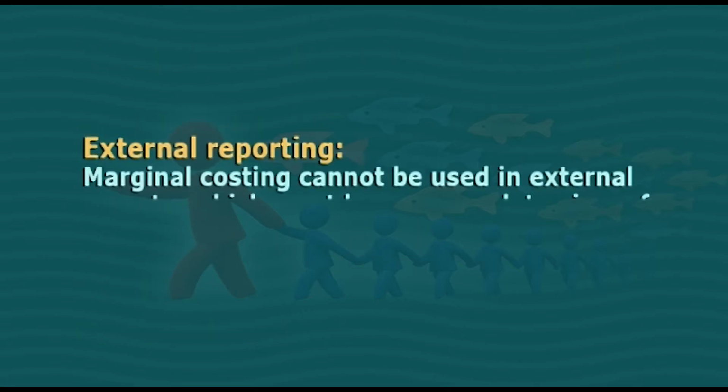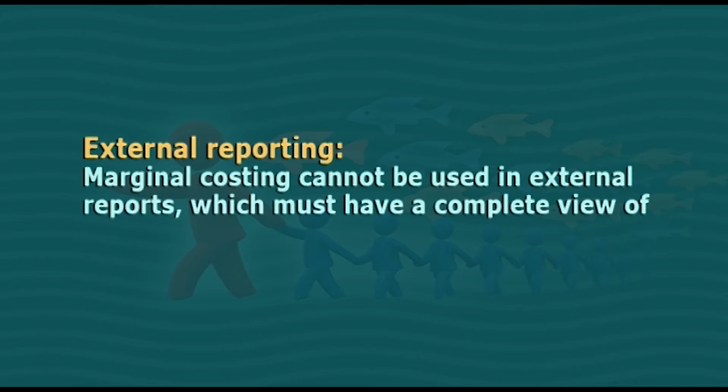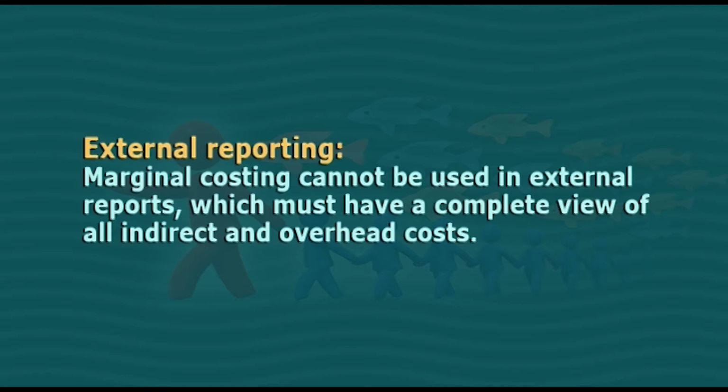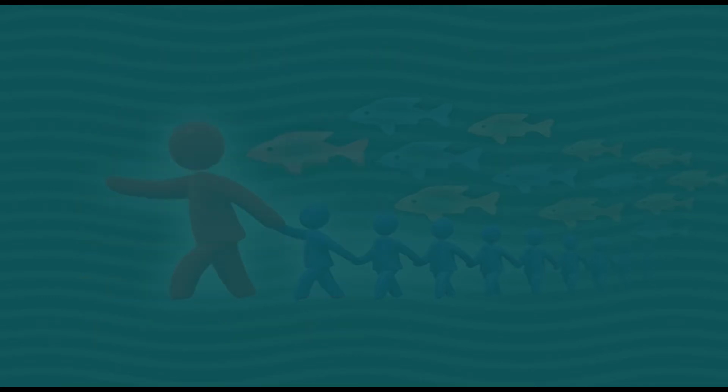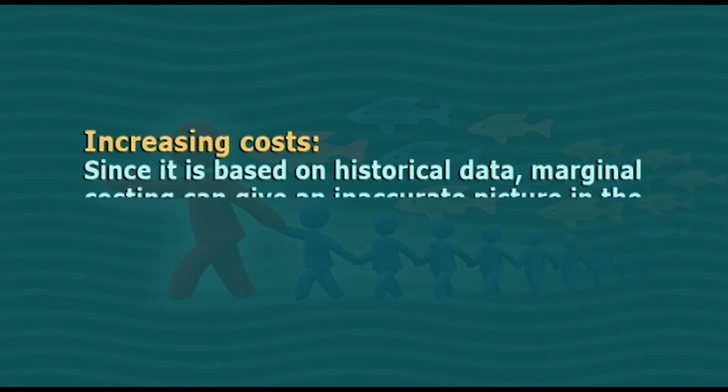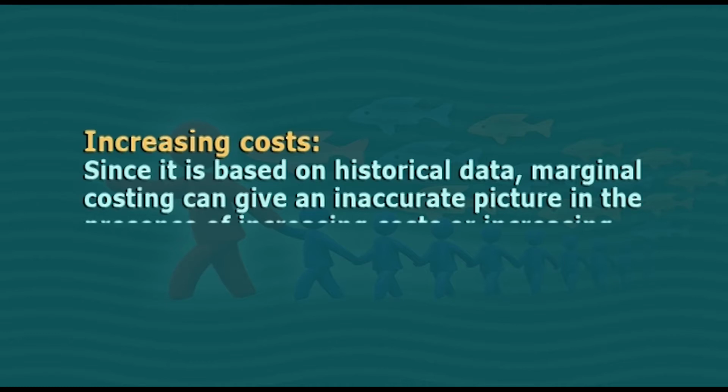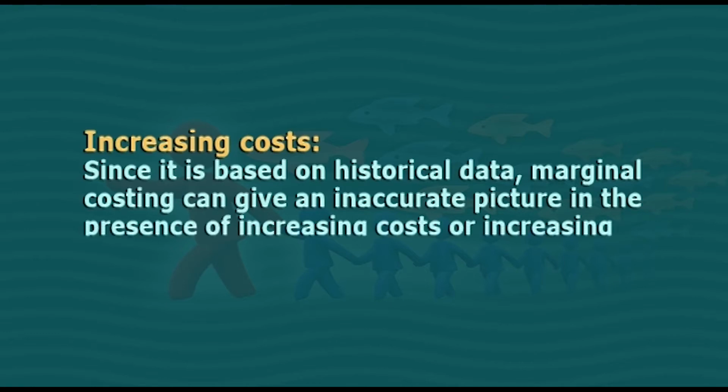Friends, marginal costing cannot be used in external reports, which must have a complete view of all indirect and overhead costs. Next is increasing cost. Since it is based on historical data, marginal costing can give an inaccurate picture in the presence of increasing costs or increasing production.